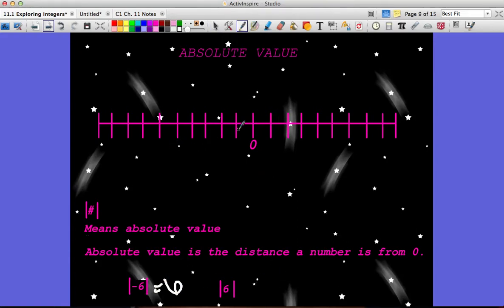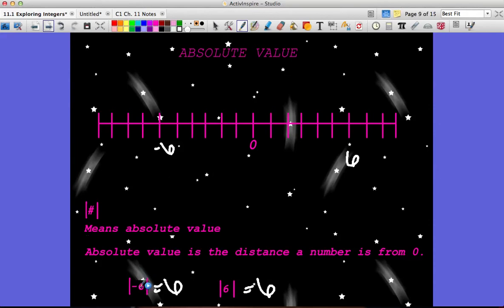Now a positive 6 is also 1, 2, 3, 4, 5, 6 spaces away from 0. So its absolute value is also 6. Just because a number is negative or positive does not mean that its absolute value has to be different from its opposite number.